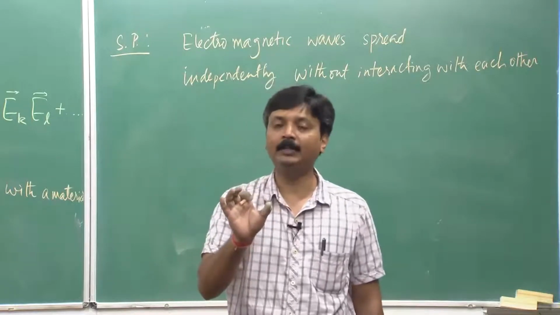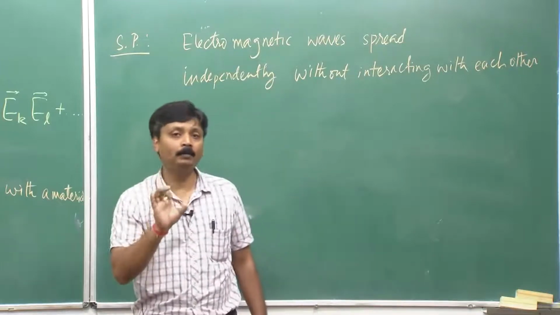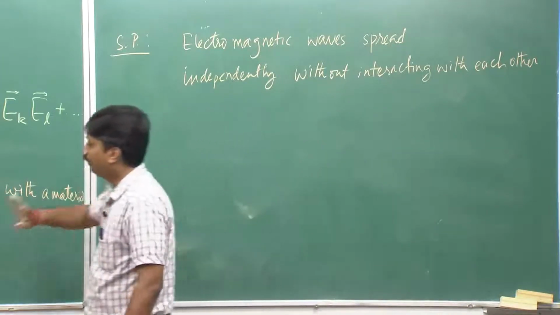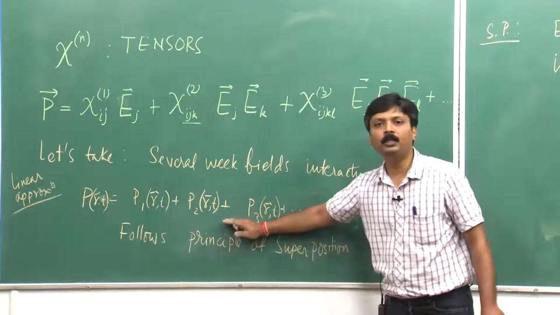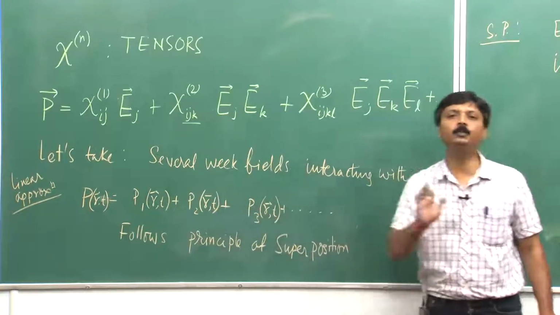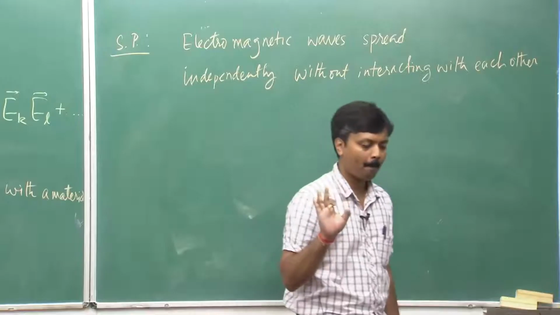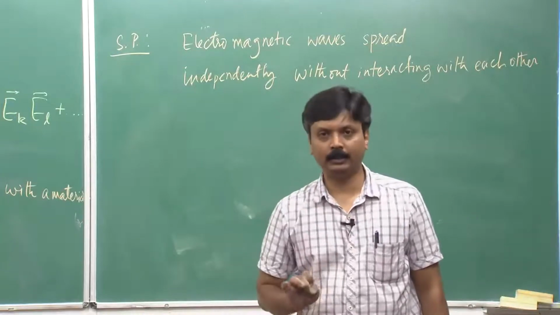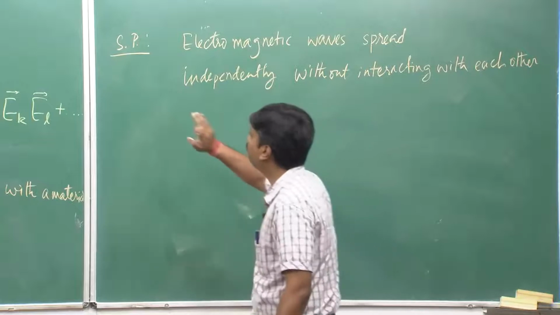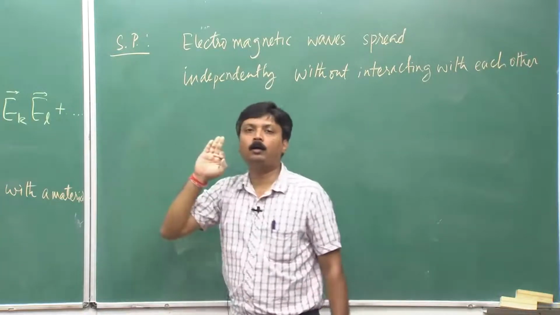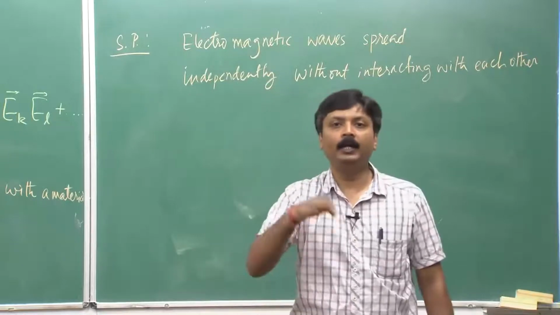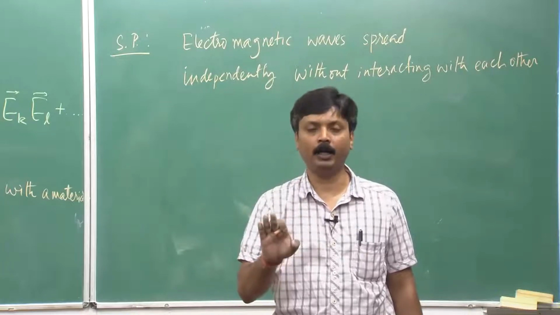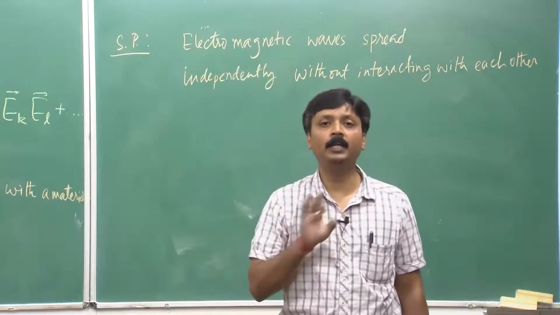So, note this term, I am saying that no mixing of waves is allowed under the superposition principle, where I can write the total polarization in terms of just a sum of individual polarizations created by each of these waves. As long as the light matter interaction obeys the superposition principle, the related phenomena or optical phenomena is known as linear optical phenomena, and we are in the regime of linear optics.